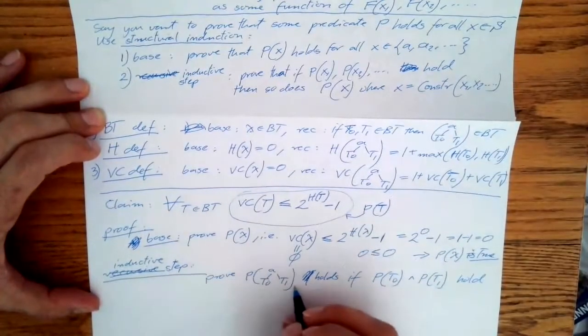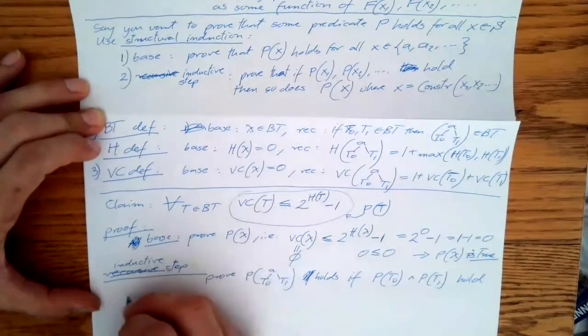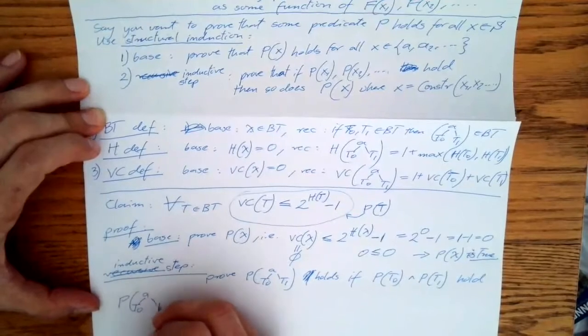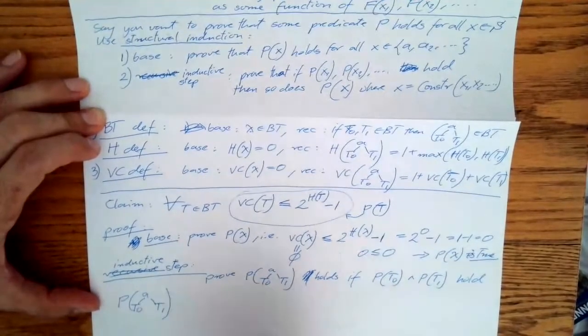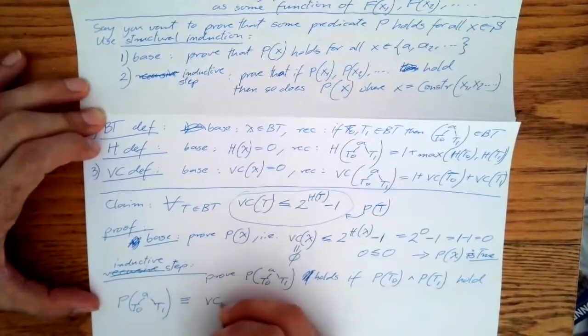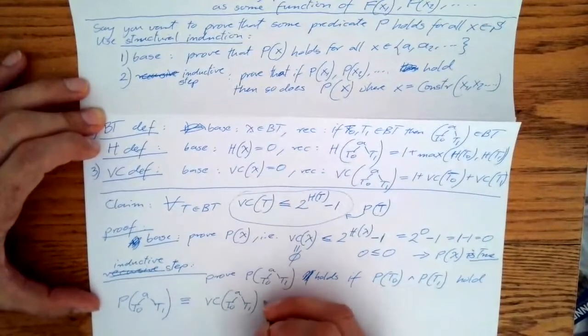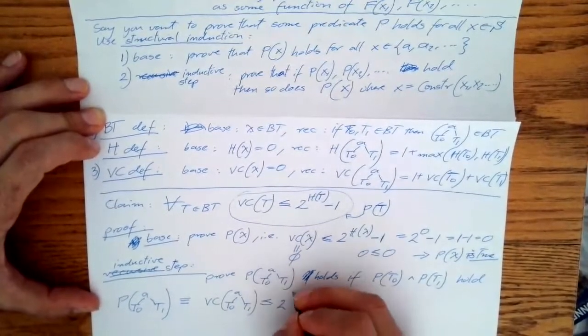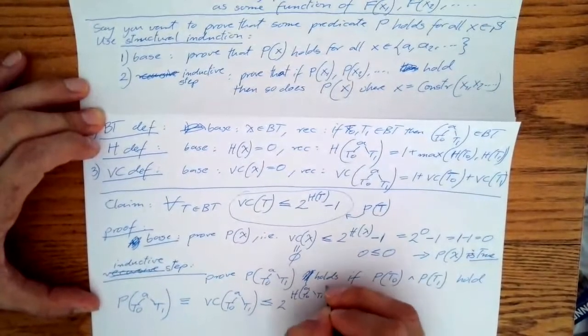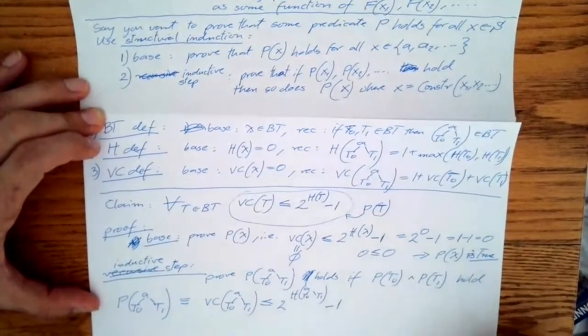First of all, let's parse what this says. P of A, that predicate P holds on this thing, is to say that VC on this tree is upper bounded by 2 to the height of this tree minus 1.